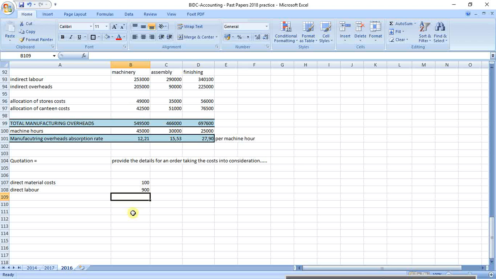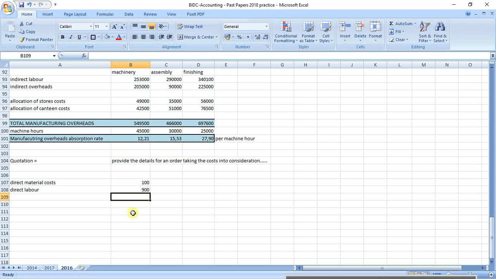What else? Direct labor hours and machine hours required in each department. The direct labor hours are 5, 3, and 2 for each department. Those are labor hours. And we've got the machine hours, so we need to allocate the overheads. We've allocated 10 hours at $9 per hour, that's direct labor.